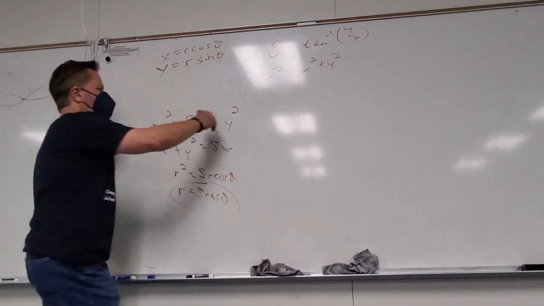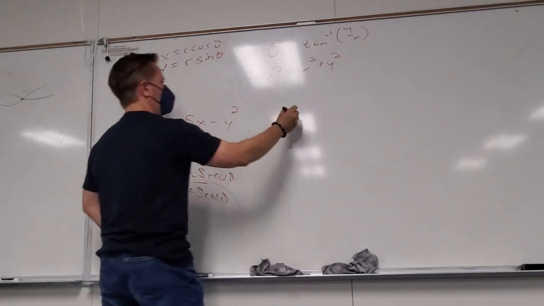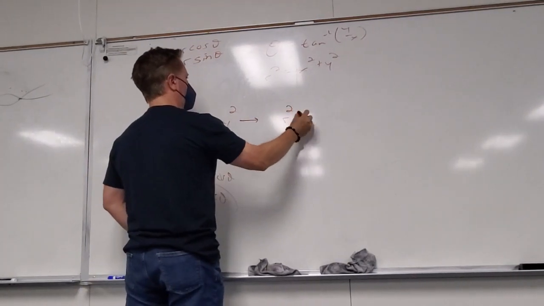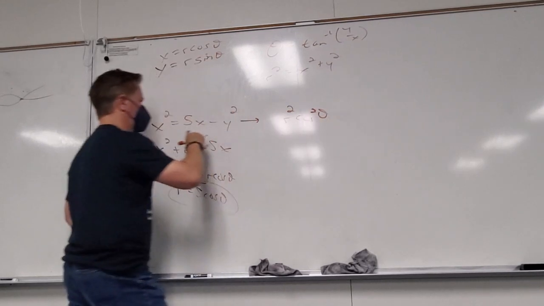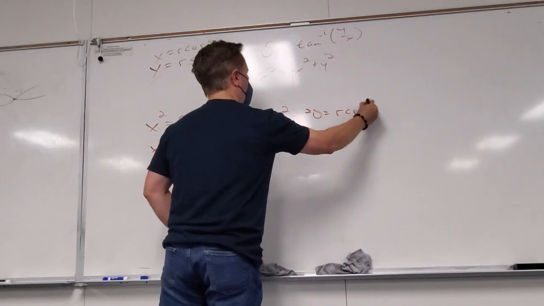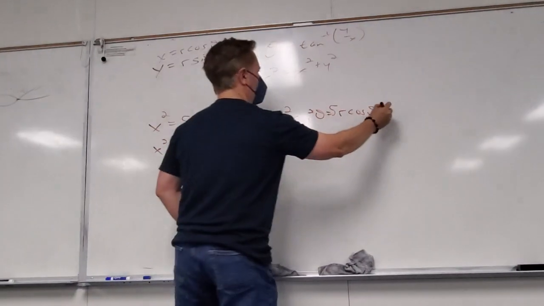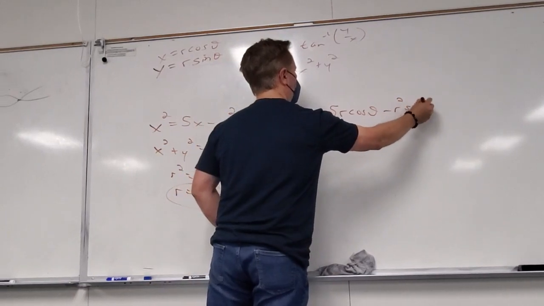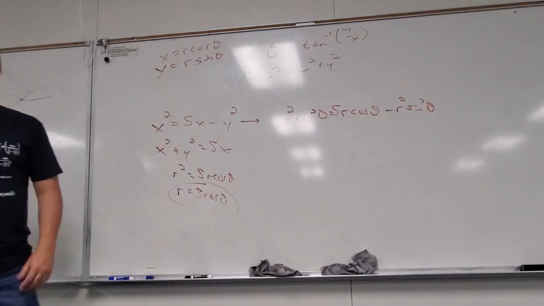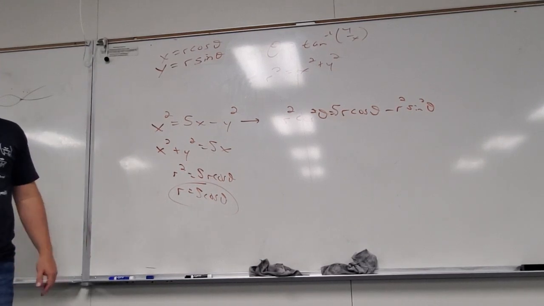Now, real quick, what if I would have just put in x? What is x? X is r cosine theta. So what if I did this? R squared cosine squared, is that cool? That's what x squared is. Equals 5 r cosine theta, minus r squared sine squared. Looks much worse. But what's the immediate thing I can do?